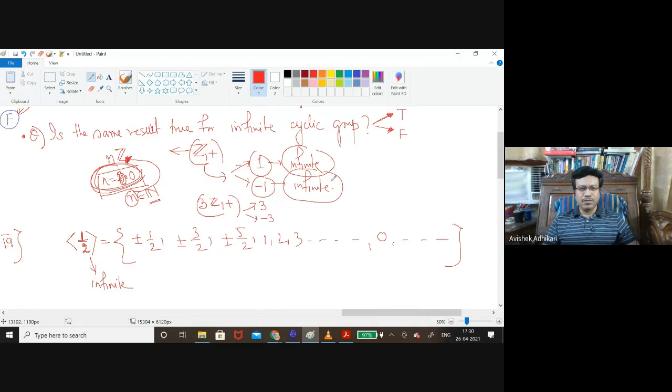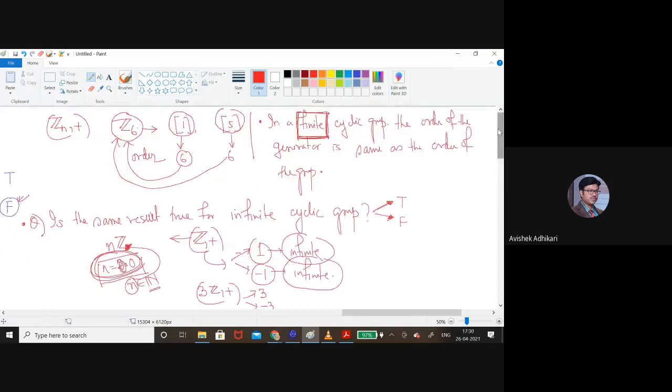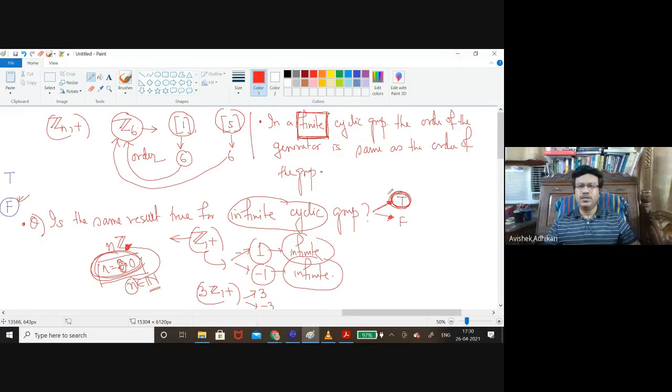So as I mentioned, this is true for finite, and if you consider the infinite cyclic group, then the result is also true. So it's not only for finite, but also for infinite cyclic group.